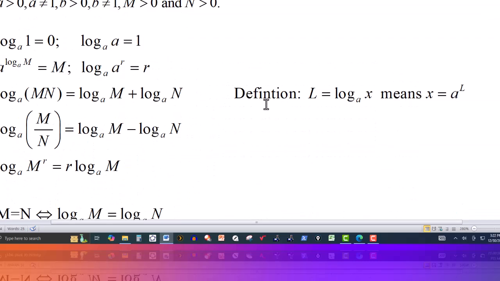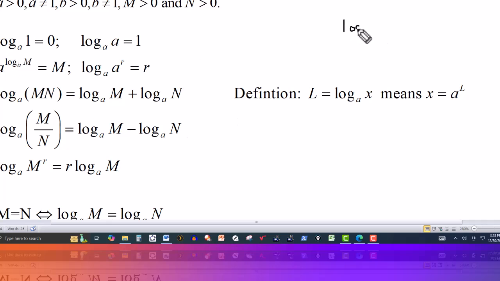First, look at the definition of log. The definition states that if you have the log of some number x to a base a, and that's equal to L, your logarithm, that means that x has to equal the base a taken to the L power. So the logarithm L is nothing more than an exponent. Let's look at an example.